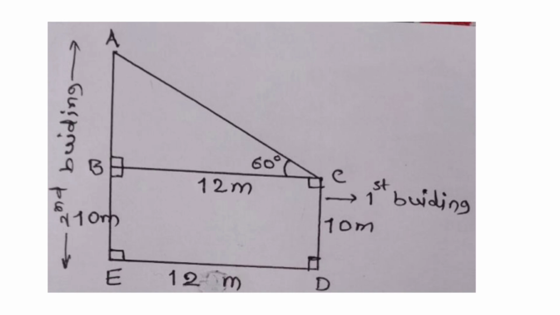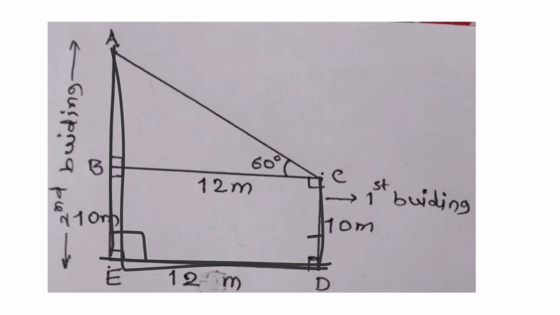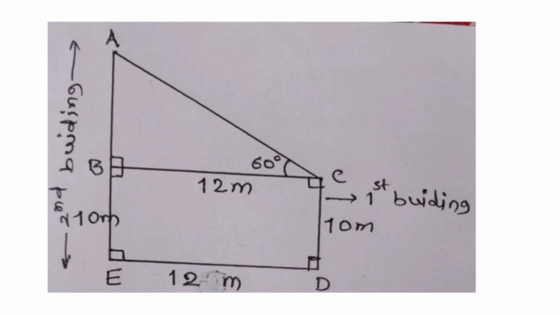Therefore, we always say that buildings are always perpendicular to the ground. So angle AED, this is a right angle, CDB, this is also a right angle, because both the buildings are perpendicular to the ground.